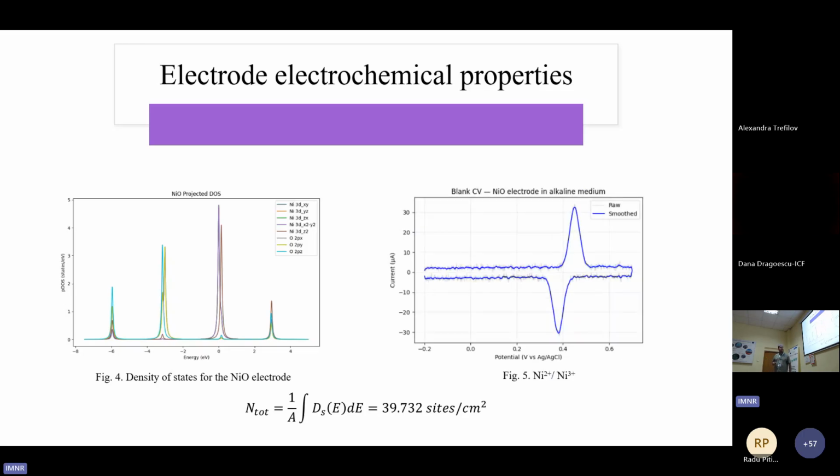Also, I simulated the blank CV loop, from which I determined the baseline current that will be used later in electrochemical calculations.